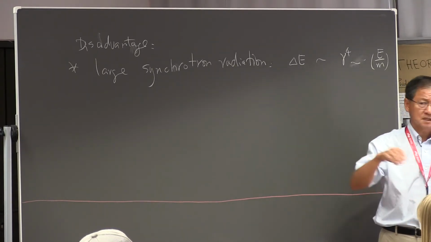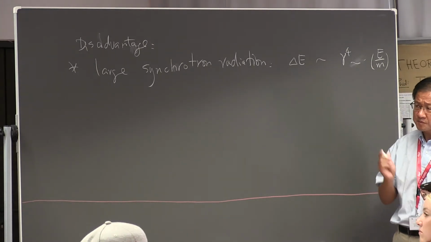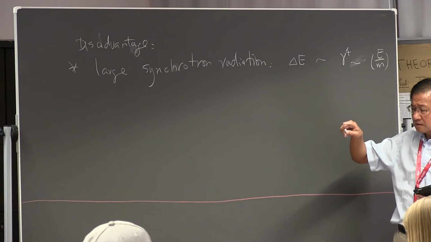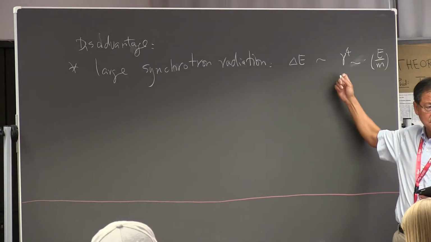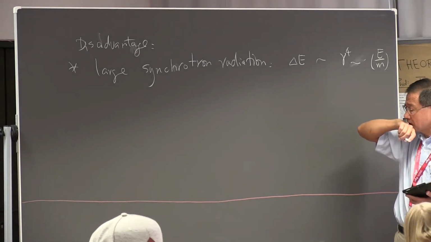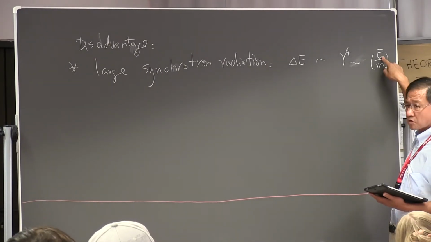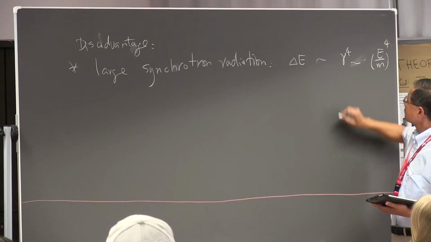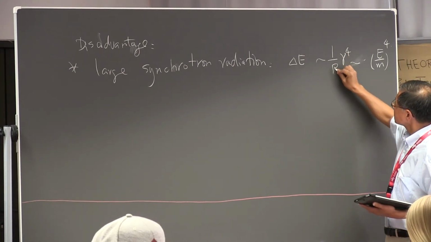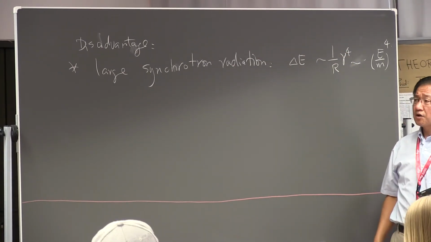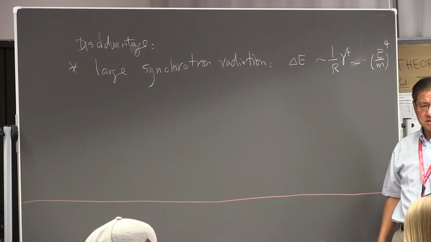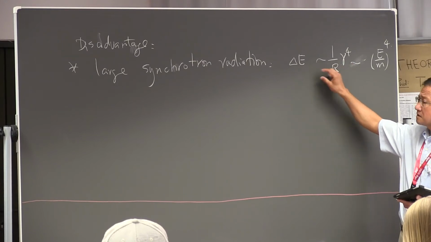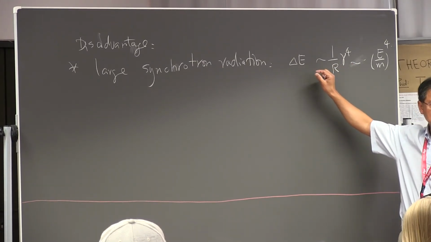The total energy over mass is the gamma factor, and the loss goes as its fourth power. But of course, this always depends on how large the curvature, how large the radius would be. The flatter, the less synchrotron radiation.